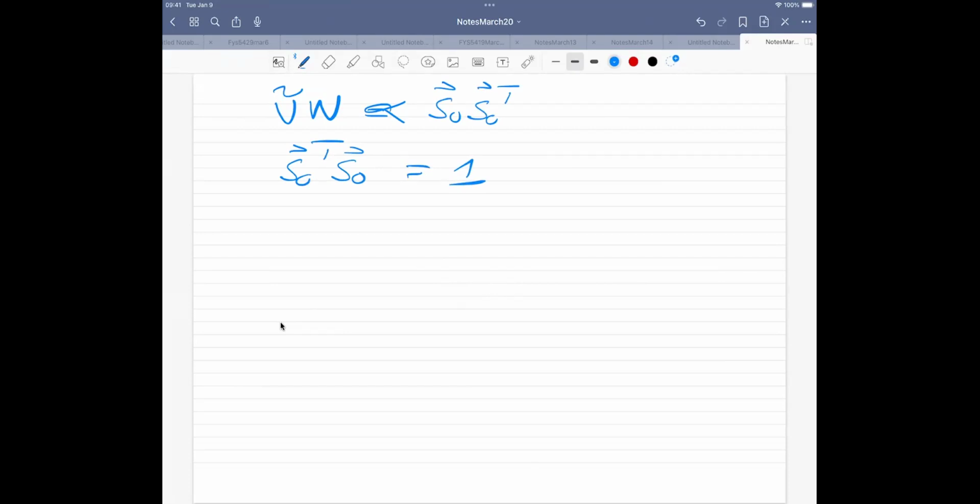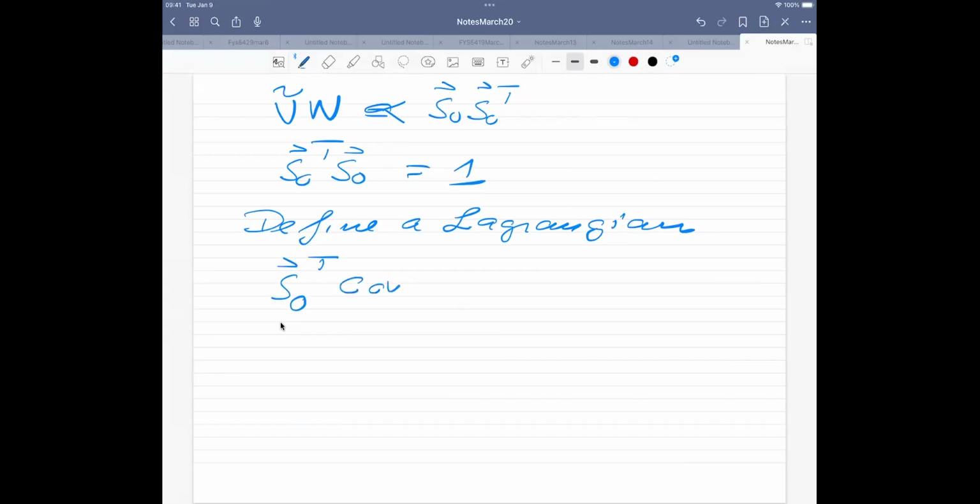The way it's done is to define a Lagrangian and then optimize this quantity. I define a Lagrangian set up as the vector S transpose times the covariance matrix multiplied with S0, plus a Lagrange multiplier lambda 0 times (1 minus S transpose times S).